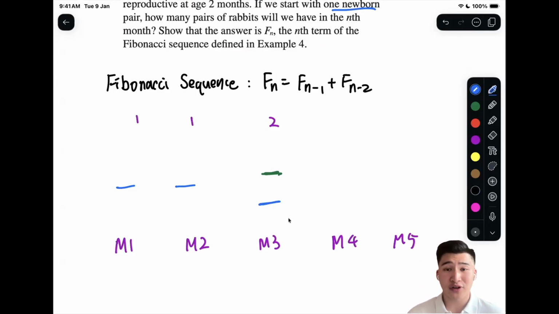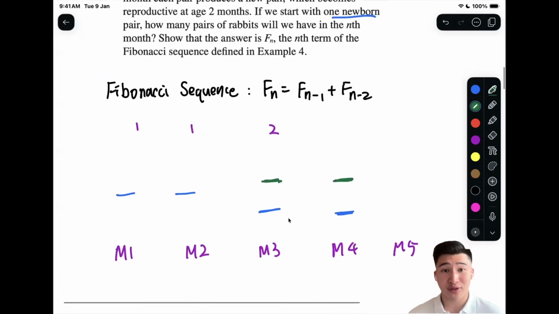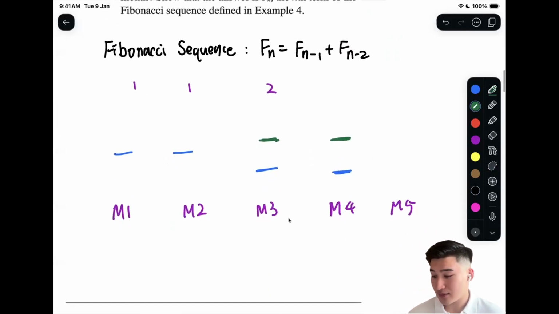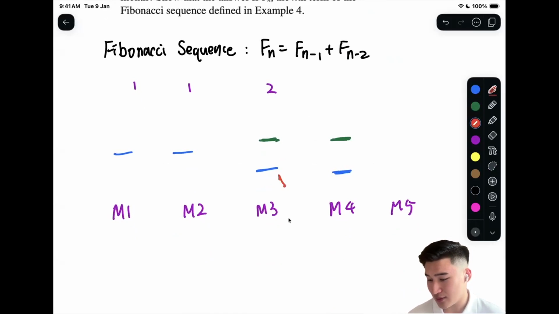And so moving to month 4, the same pair of rabbits, the old one, is going to be here because they live forever, and our new pair is also going to be here from the previous month. But one extra thing to not forget is that every month each pair produces a new pair, which means that the blue pair will also produce in month 4, so we will have a new pair.